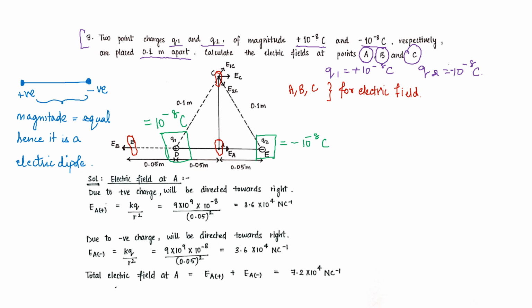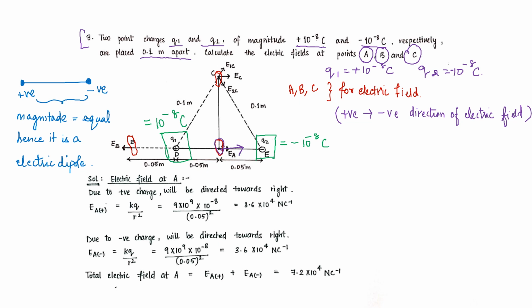See, from this A, our electric field will go from positive to negative, that is the direction of the electric field.